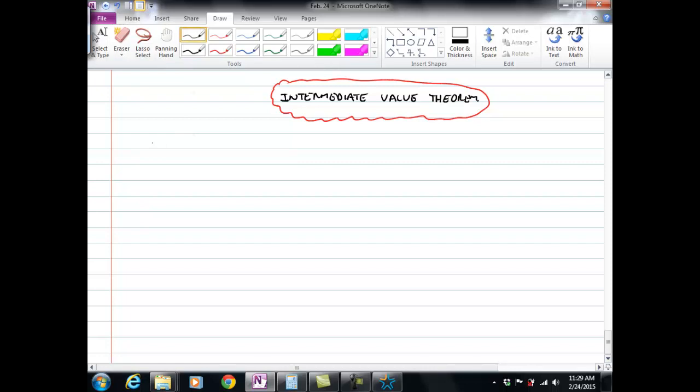It says, suppose that f is continuous on the closed interval [a, b]. So everything now comes together.